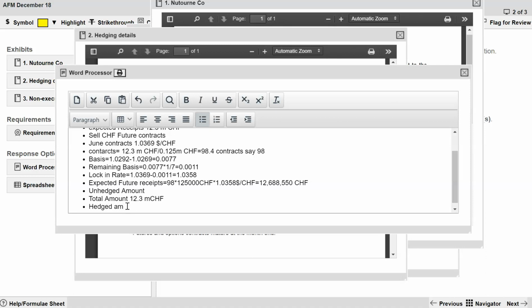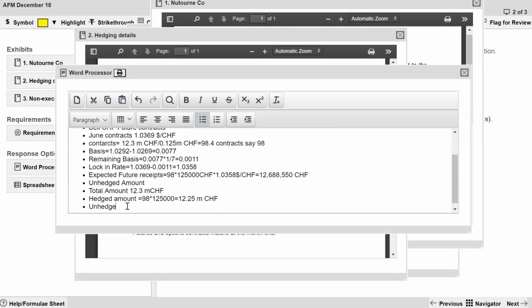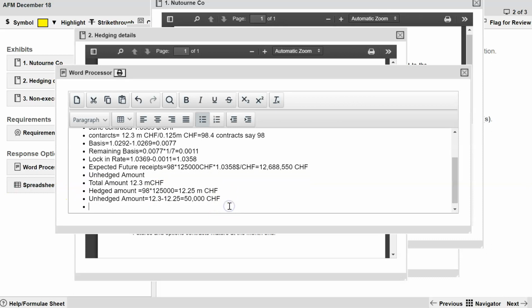The hedged amount is 12.25 million. So 12.3 minus 12.25 will be equal to 50,000. So hedge this forward.